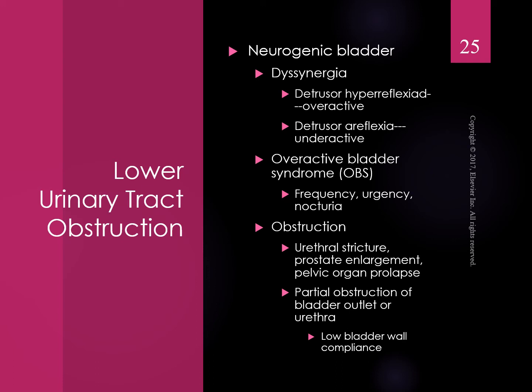Neurologic disorders that develop above the pontine micturition center result in detrusor hyperreflexia or overactivity. This is an upper motor neuron disorder in which the bladder empties automatically when it becomes full and the external sphincter functions normally. This is seen in examples such as stroke, traumatic brain injury, and dementia.